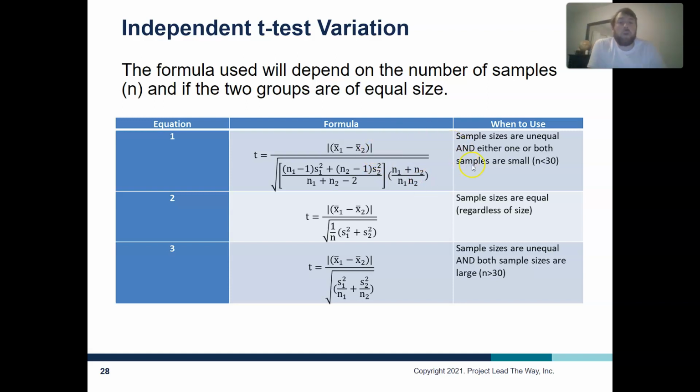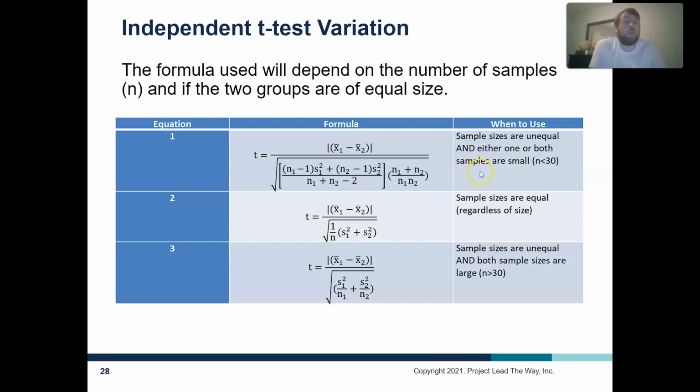So you want to ask yourselves these questions over here before selecting a formula if you are to calculate this stuff. Are my sample sizes unequal? That's the first question we should ask ourselves. If they are, then you could have either this massive formula over here or this one down low. If your two sample sizes are equal, then that actually makes life a little bit easier. We only have one equation for that situation.